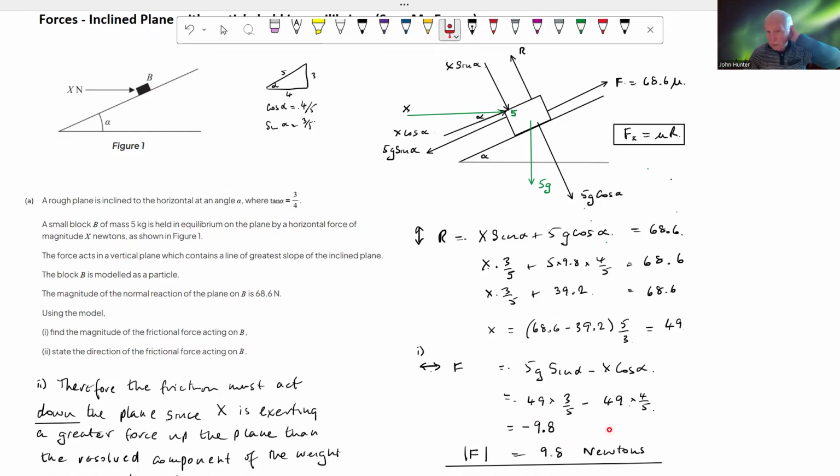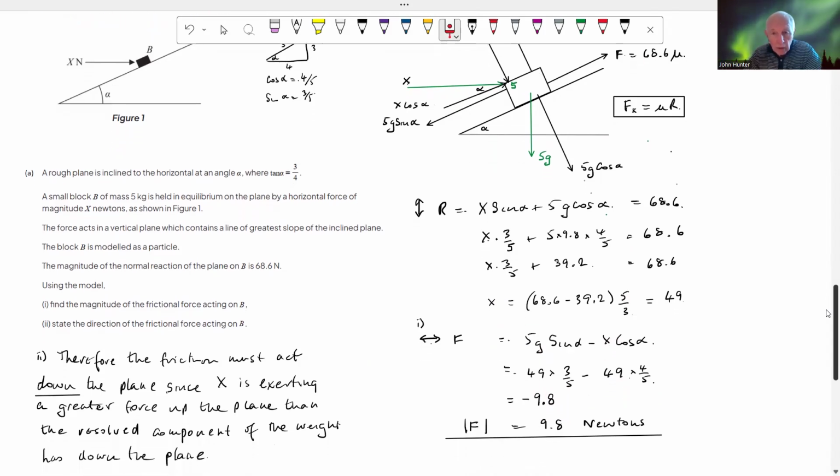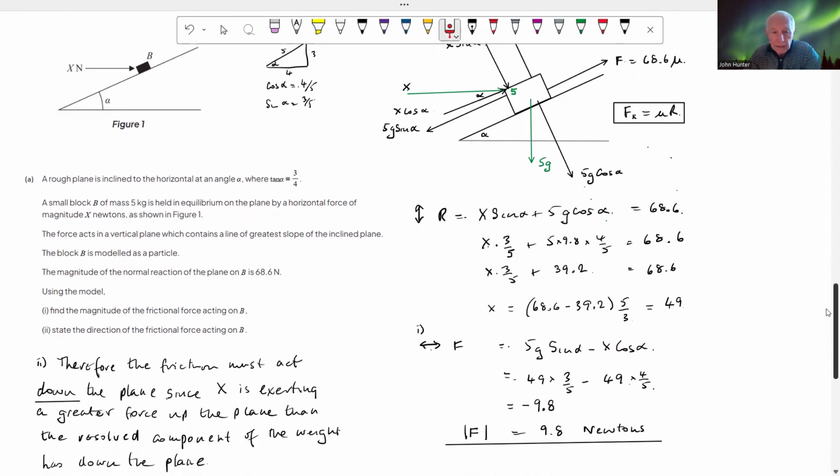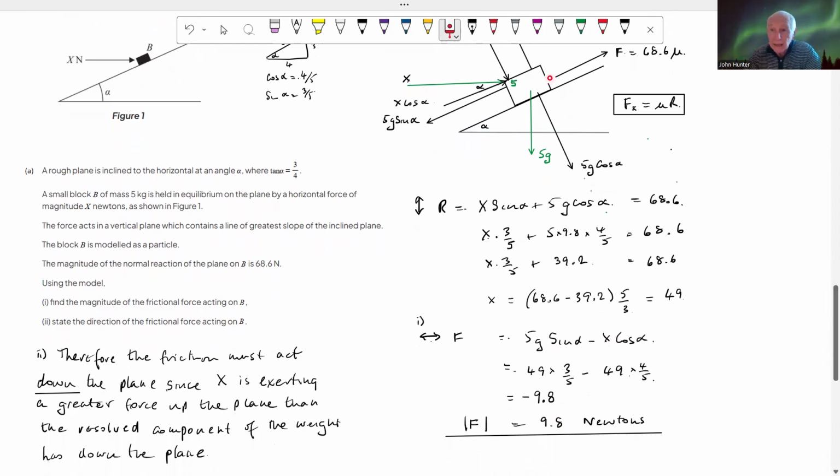Right, and that kind of shows, as we are asked in part 1, the friction actually is acting down the plane, not as I've shown it in the diagram, since X is exerting a greater force up the plane than the resolved component of the weight is doing down the plane.